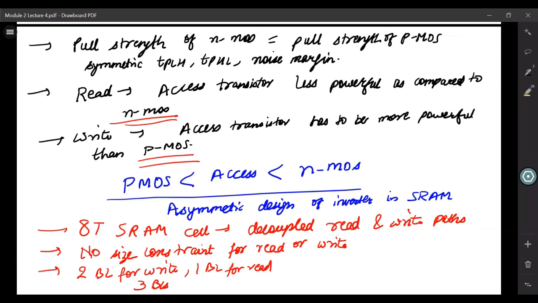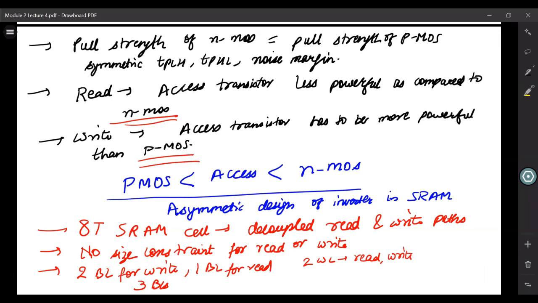And you also had 2 word lines, one for read and one for write. So it was one read word line and one write word line, as compared to one word line for your single 6T SRAM cell.